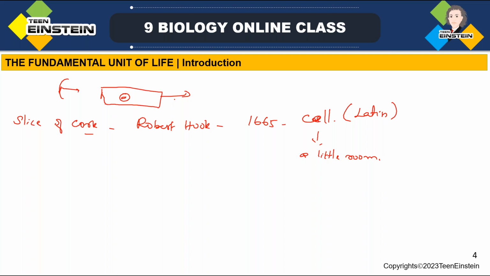When we look through the lens, we can see honeycomb-like or small compartment-like structures. What are they? They are the cells, right? While doing the practical session, you can see the structure and make a simple drawing of cells from the onion peel.